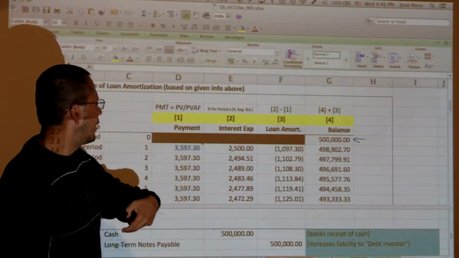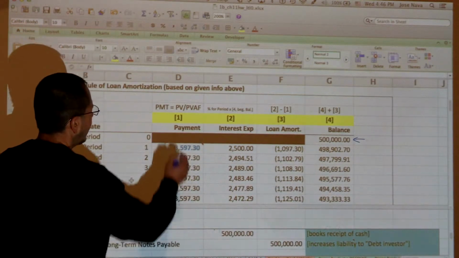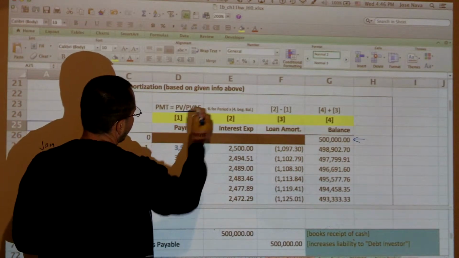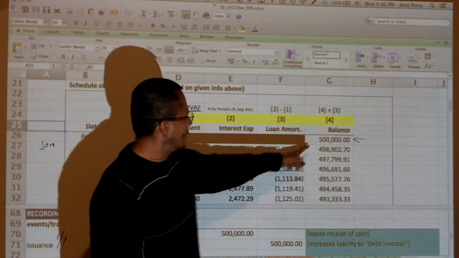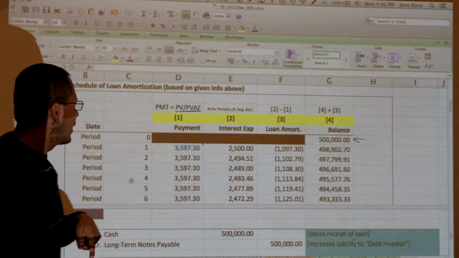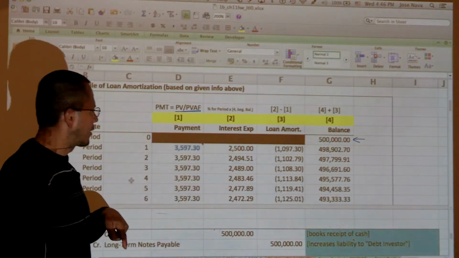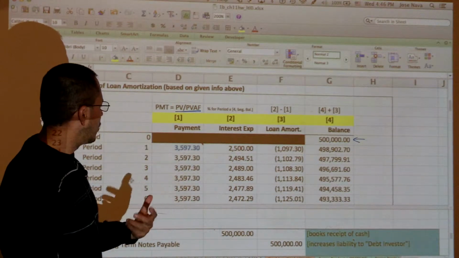Now, how do we know what the amount is? It's possibly part of a different lesson. But very briefly, if you want to figure it out, it will simply be the present value, in this case the amount of the loan, over the present value of annuity factor, which is part of a different lesson on what table or formula you would use.